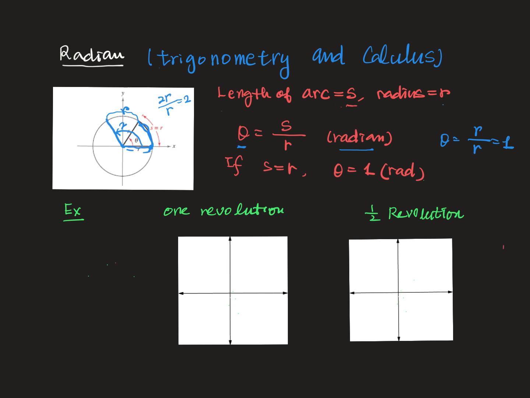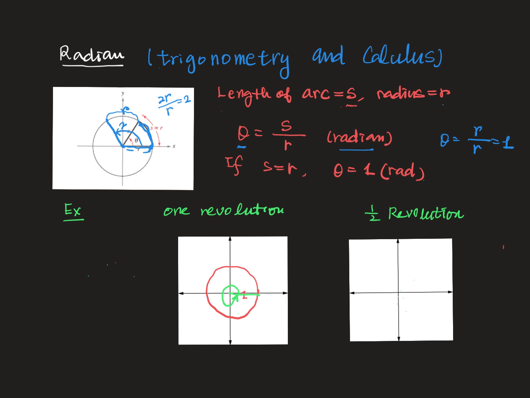Let's find the center angle in radians for one revolution. Let's sketch the circle right there, a circle centered at the origin with radius 1. Any circle is fine. Here is 1. We want to find this angle.